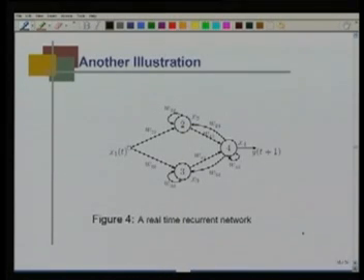So, these are the convention. You please see that W43 is a connection weight to neuron 4 from unit 3.